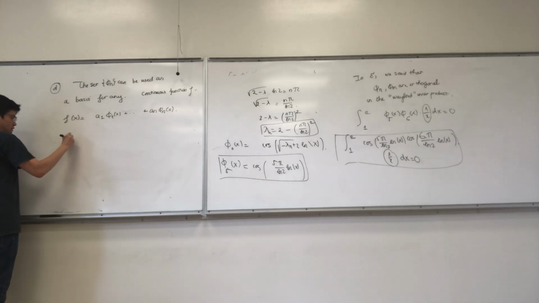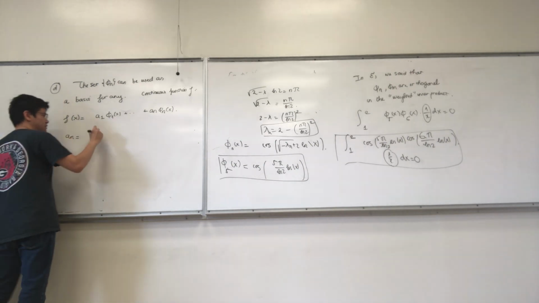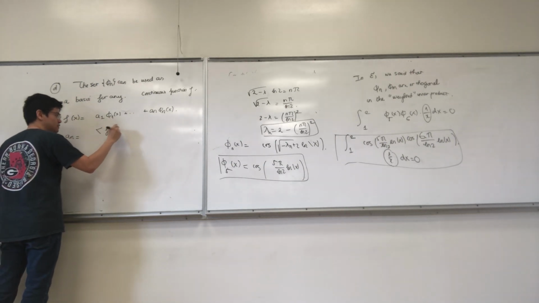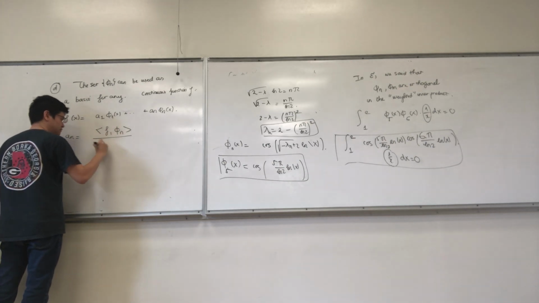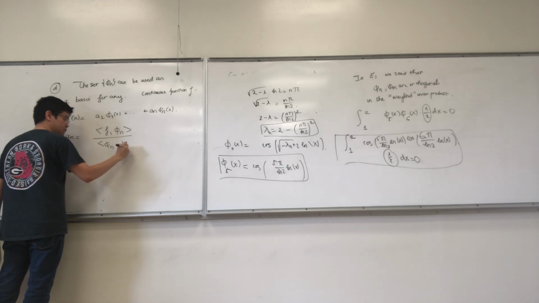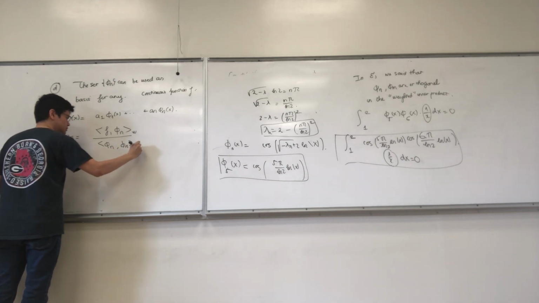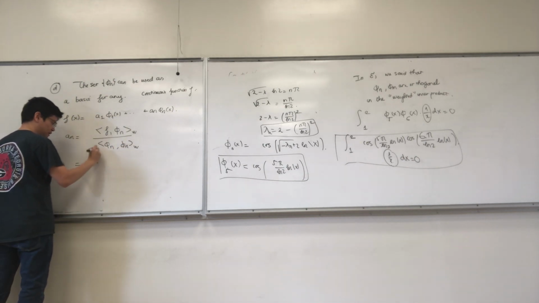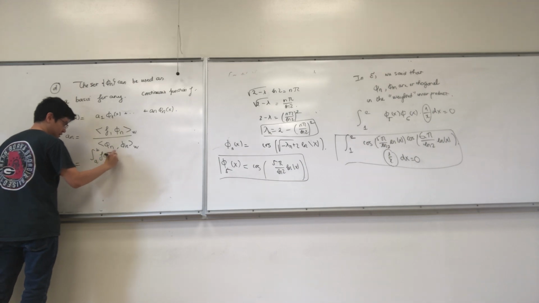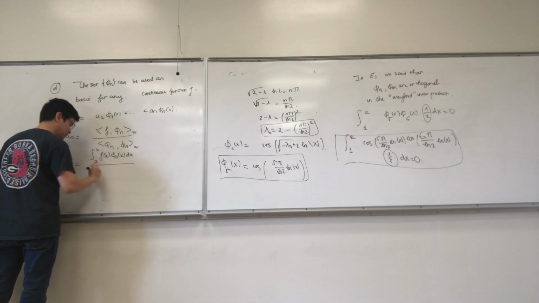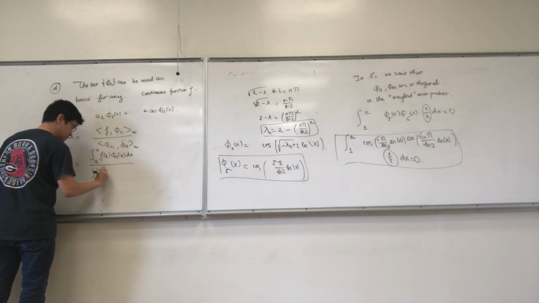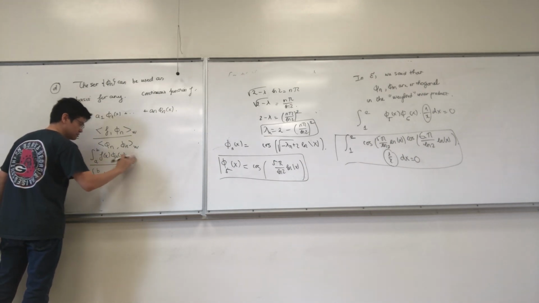And an is going to be the inner product of f with phi n, dividing by the inner product of phi n with itself. Remember that we have a w, so basically this is the integral from a to b of f(x) phi n(x) dx, dividing by the integral from a to b of phi n(x) squared. Then there's the w.